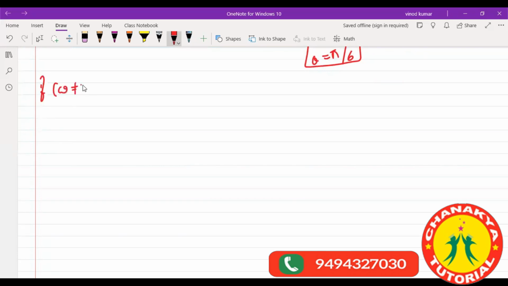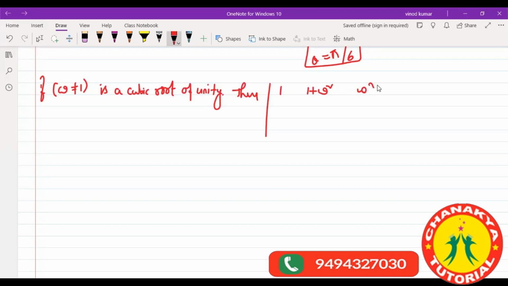If omega not equal to 1 is a cubic root of unity, then we need to get the value of the determinant with rows: 1, 1 plus omega square, 1 minus i; minus 1, omega square minus 1, and minus i; minus 1, plus omega, and minus 1.